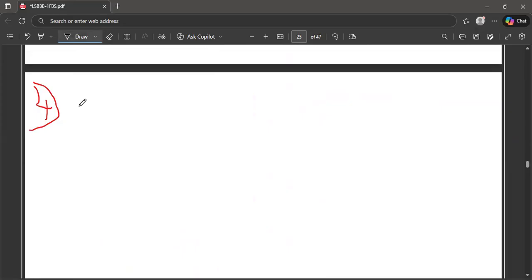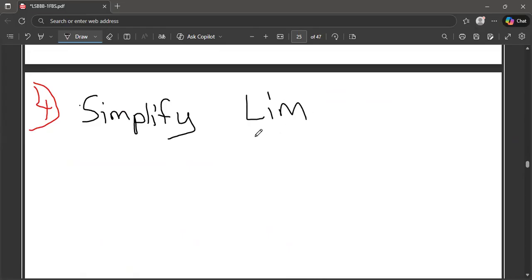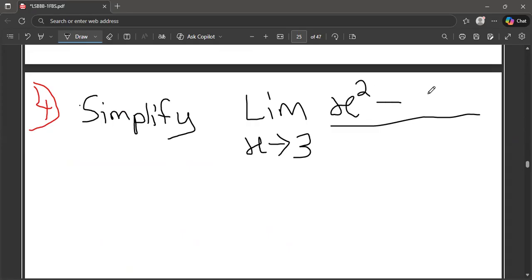Exactly. And our question is: simplify the limit as x approaches 3 of x squared minus 9 over x minus 3.